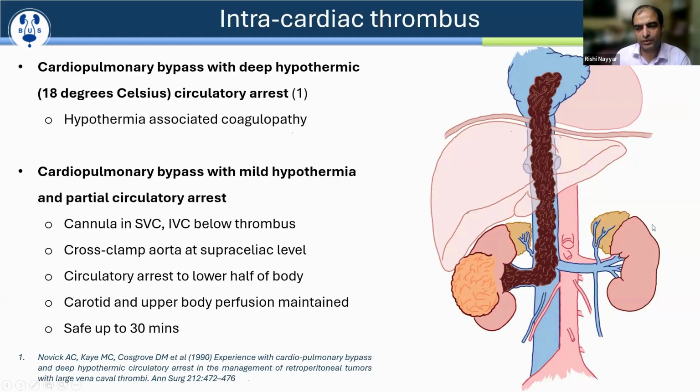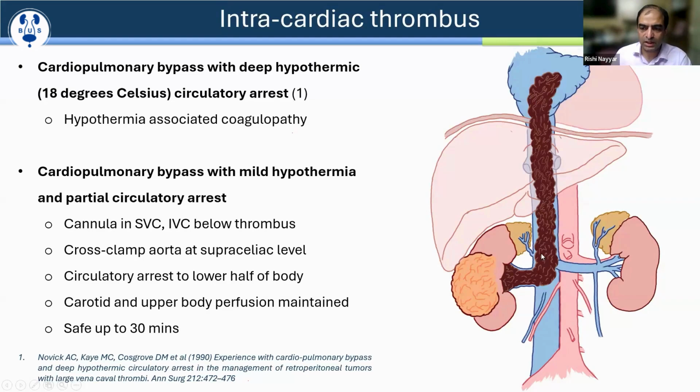Just about 40 to 50 ml cardiac output is maintained, and that is sufficient to maintain the perfusion of the tissues for some time. And we have about 15 to 20 minutes for each circulatory arrest cycle. Whatever procedure has to be done can be done safely.